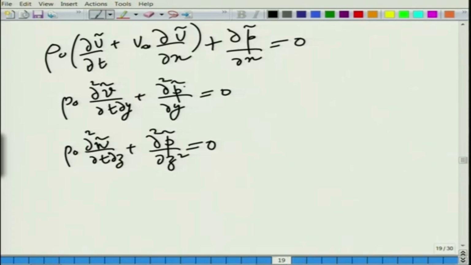So, we can simply transpose these terms, this term here, this term here, and we can differentiate both the sides with respect to x. Once we do that, in the top equation, u naught is the mean flow velocity, which is constant in space and time.